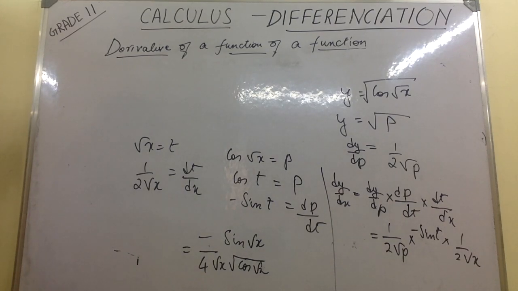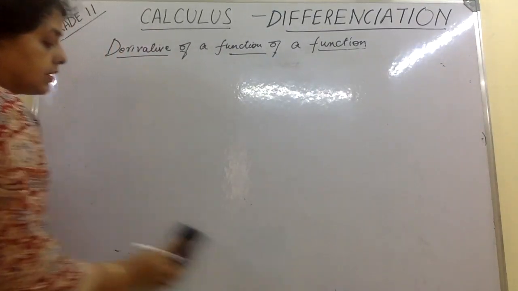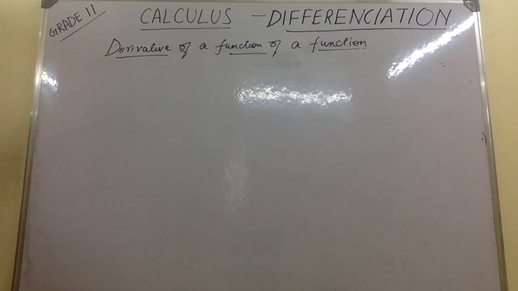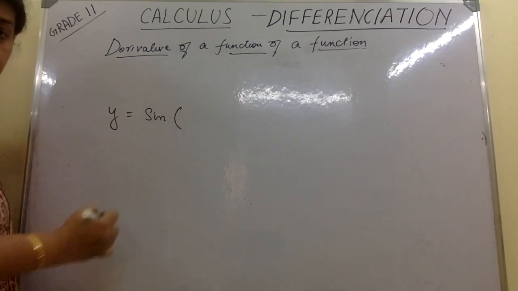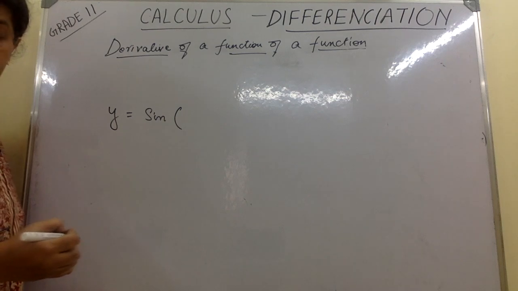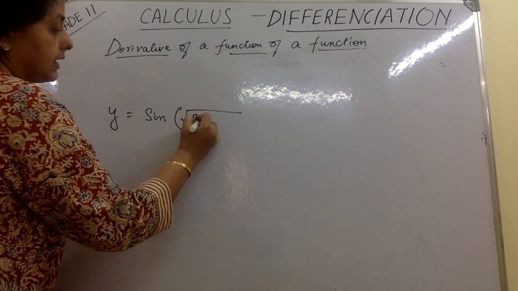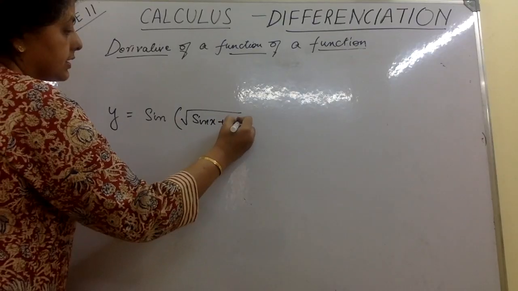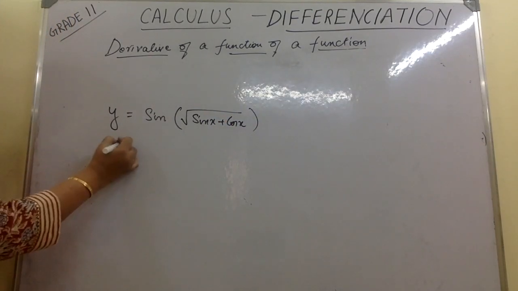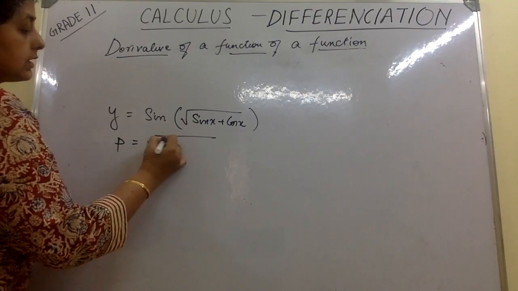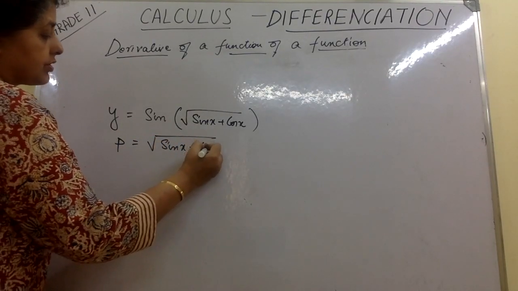Okay, so next question. Next question is, we should never leave this. Okay, the moment you see this, you should understand that this is function of a function, sin x plus cos x. Okay, so this is sin x plus cos x. P is equal to root sin x plus cos x.